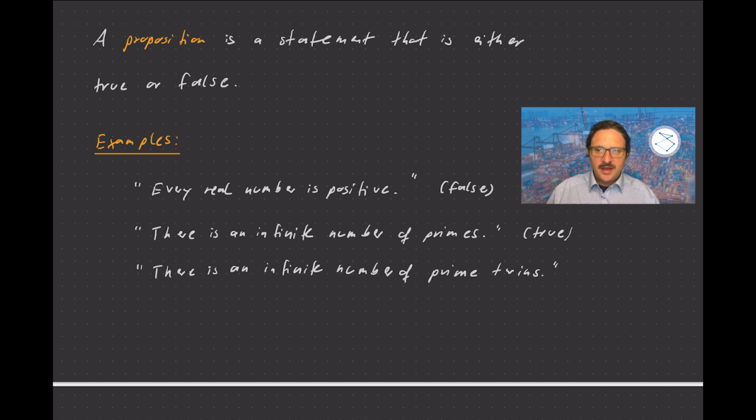So a prime number p, such that p plus 2, the next possible prime number, because it needs to be odd, is also a prime number. That is called a prime twin pair. And one open question currently is the question of whether there is an infinite or a finite number of prime twins. Obviously, that is a statement that can be true or false. Nothing else. It's either true or it's false, but we don't know the answer yet.